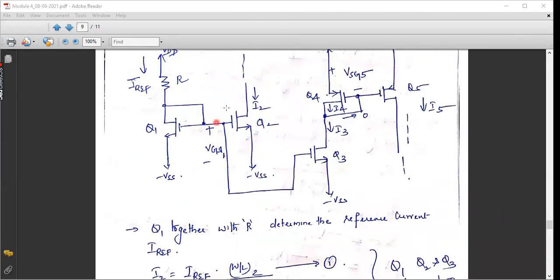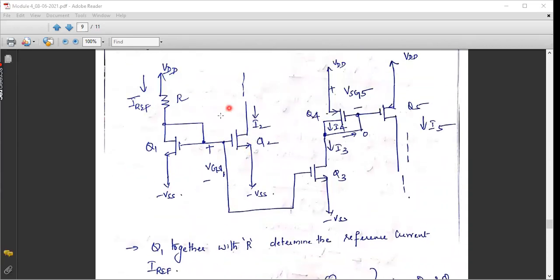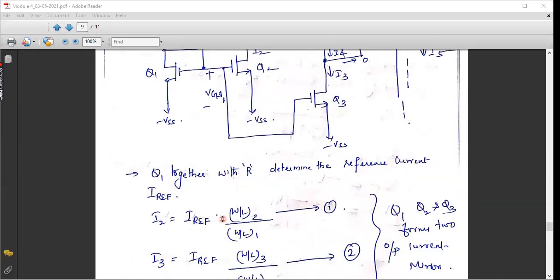The relation between the output current and the reference current is given by I2 is equal to, what is I2? I2 is the output current of Q2, which is dependent on the reference current. So I2 is equal to the reference current IREF into the aspect ratio of this particular transistor. What is the aspect ratio? It is nothing but the W by L ratio, the width to length ratio of the channel, (W/L)2.